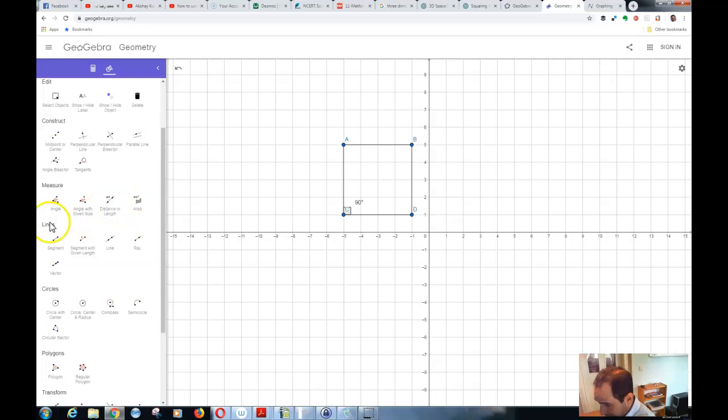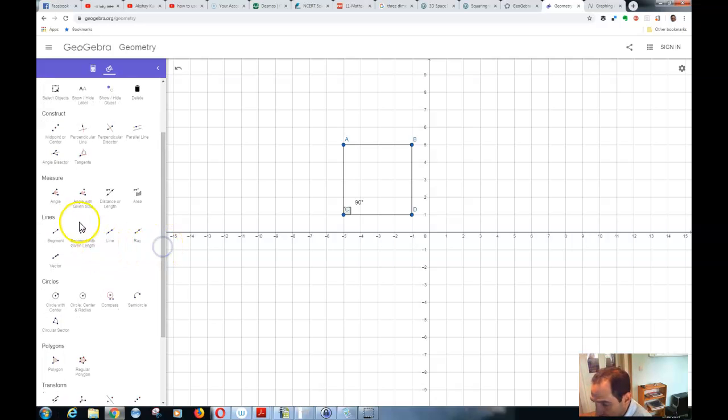And there are different types of lines over here: vectors, rays, lines, and segment with given length. These do come in pretty handy when you're working on something.